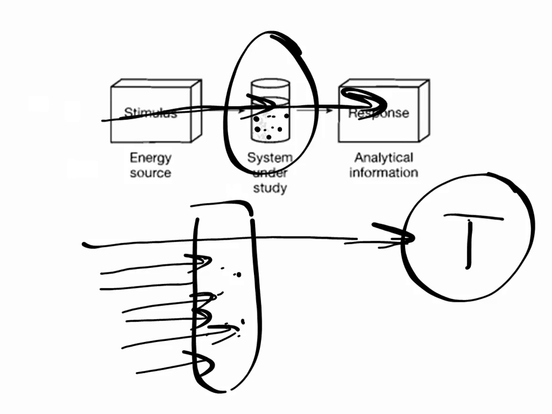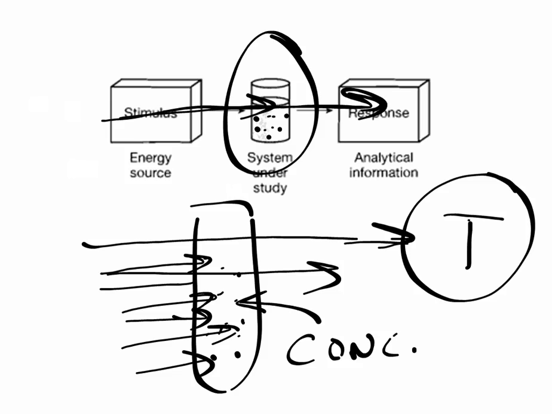But we can find absorbance because they're inversely related: as transmittance decreases, absorbance increases. The greater the concentration of molecules in a test tube, the less transmittance you're going to have and the greater the absorbance. So absorbance and concentration are directly related.